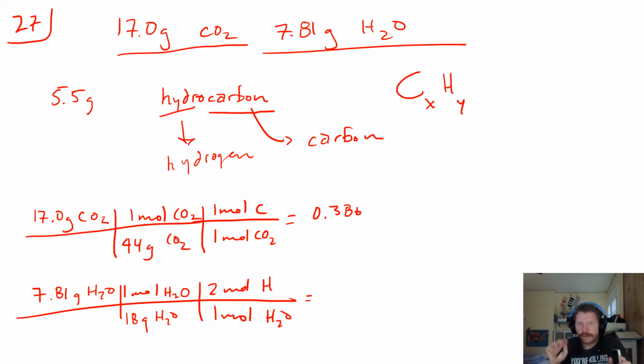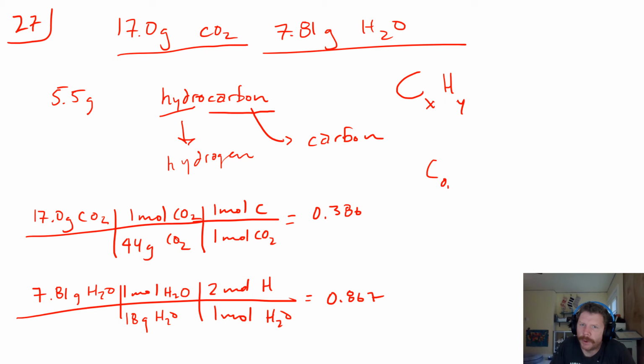What I'm figuring out is the total number of moles of carbon and hydrogen. That's all that I need. Now, 7.81 times 1 times 2 divided by 18 is 0.867.